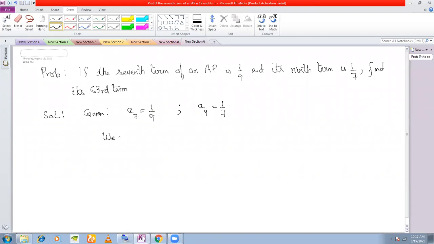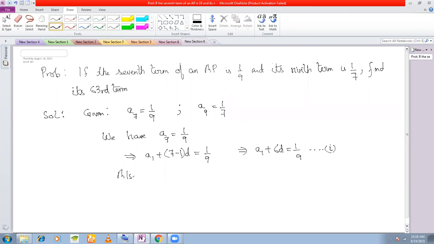We start with A7. So, we have A7 is equal to 1 by 9. Now, what is A7? A1 plus 7 minus 1 into D is equal to 1 by 9. Means A1 plus 6D is equal to 1 by 9. This is the first equation.